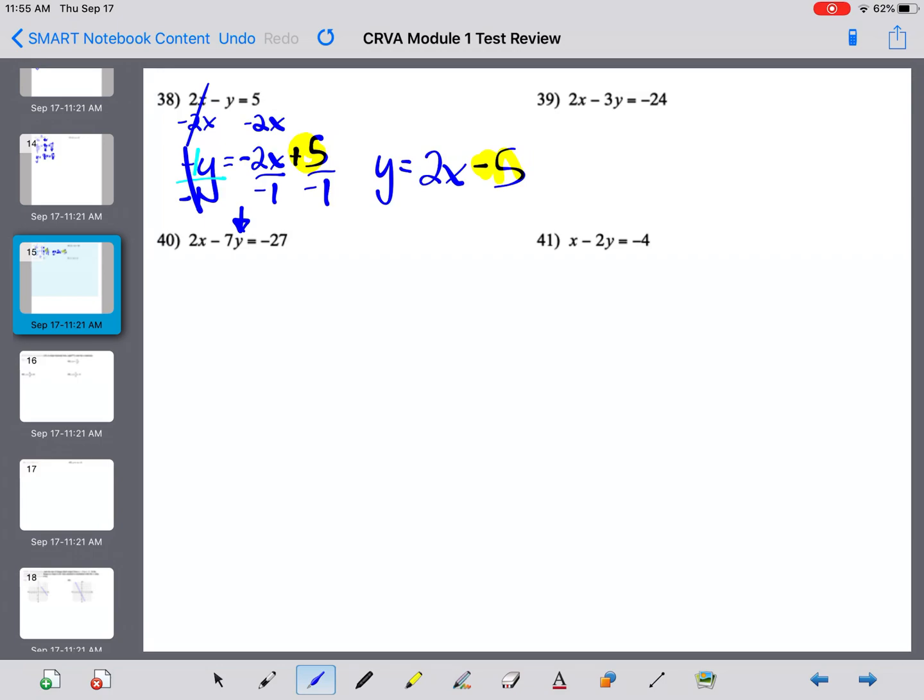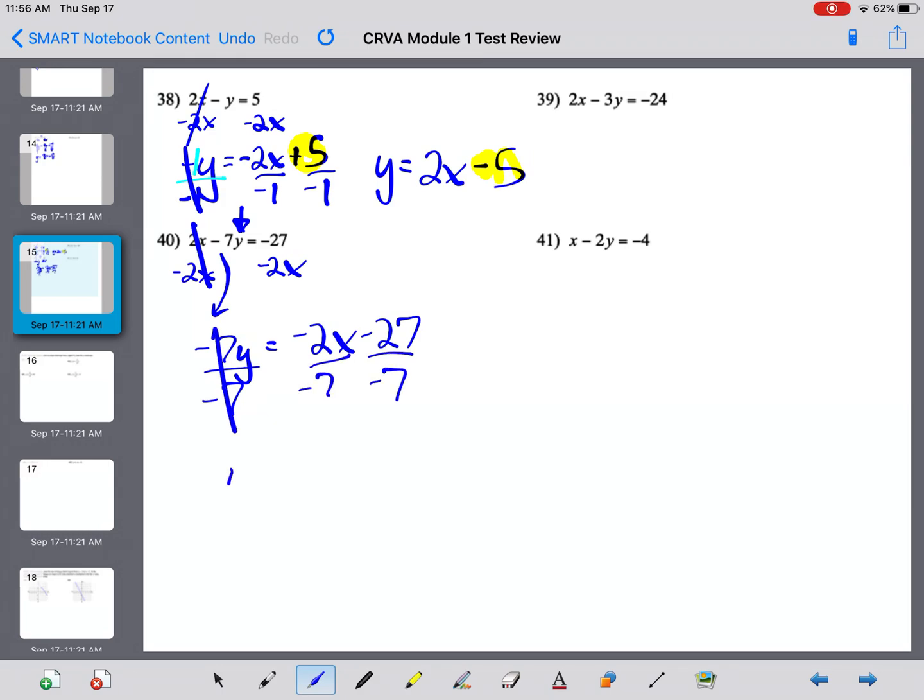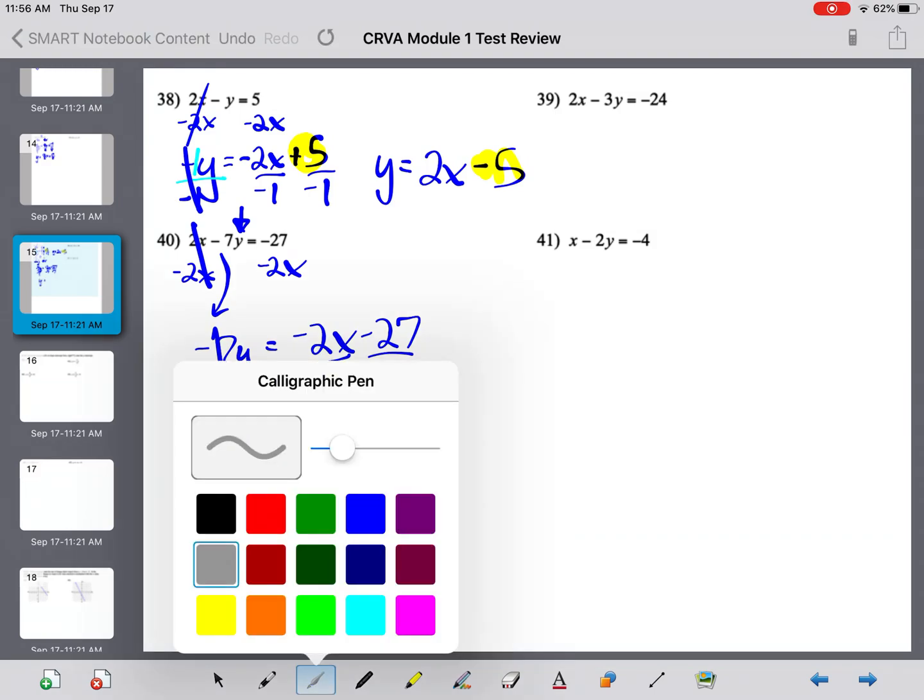All right, let's solve for y here. Let's subtract 2x, subtract 2x. This gets undone. Remember to bring your negative sign down. -7y equals -2x minus 27. Divide by -7. So we get y equals, here the negatives cancel out again.